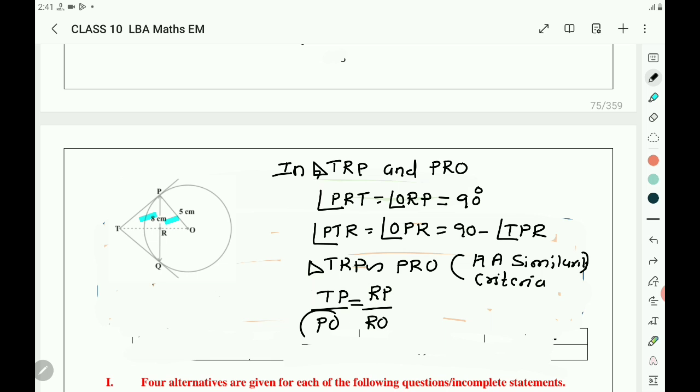So TP by PO, PO is 5, equals RP is 4 by RO is 3. Therefore, TP is equal to 4 into 5 by 3, which is equal to 20 by 3 centimeters.